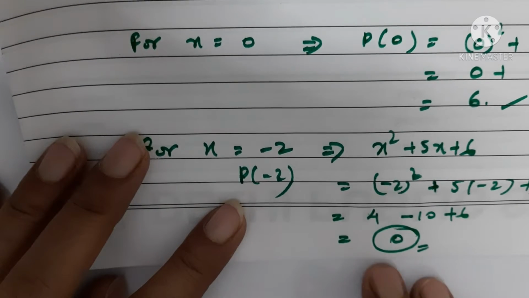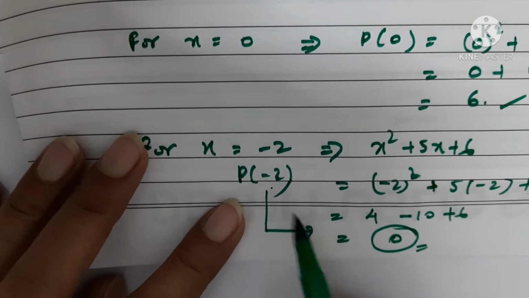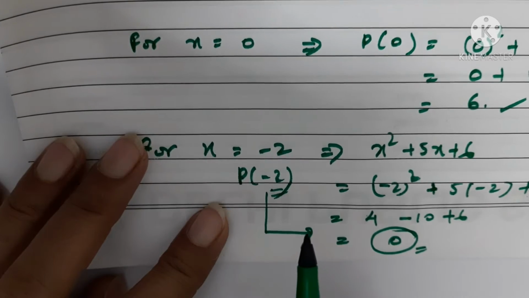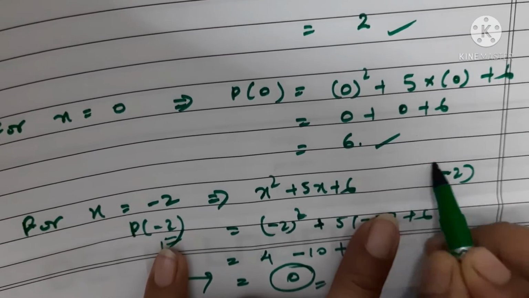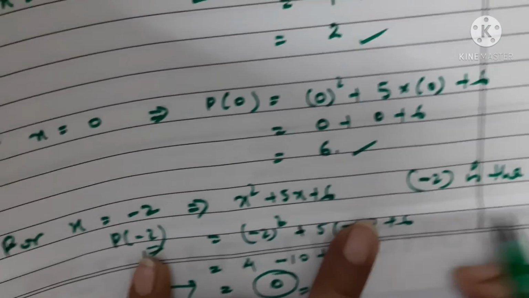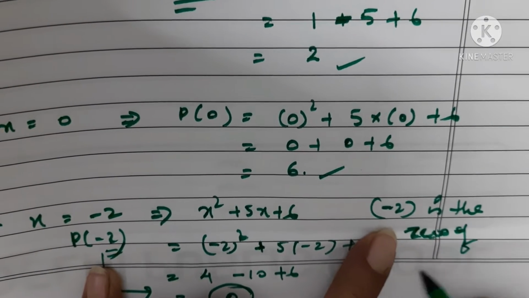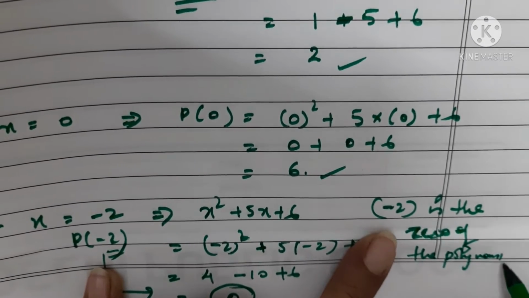Here we say that if p minus 2 is equal to 0, then this number for which the value is 0 is known as the 0 of the polynomial. That means we can say that minus 2 is the 0 of the polynomial. Understood?